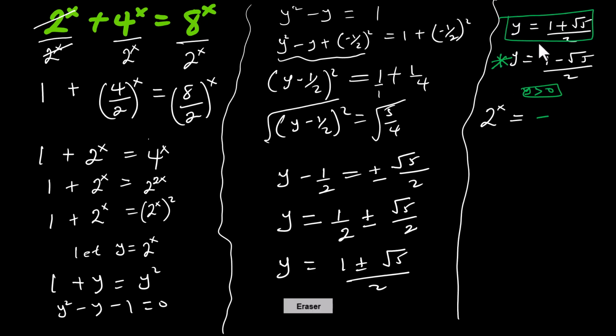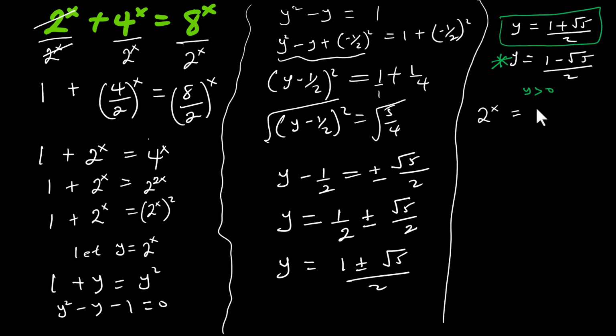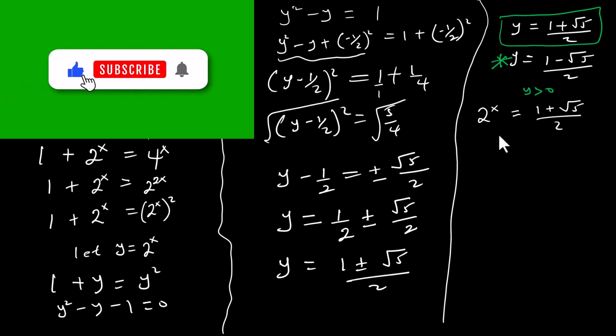So for x, we have y as (1 plus root 5) over 2. Let's take log on both sides.